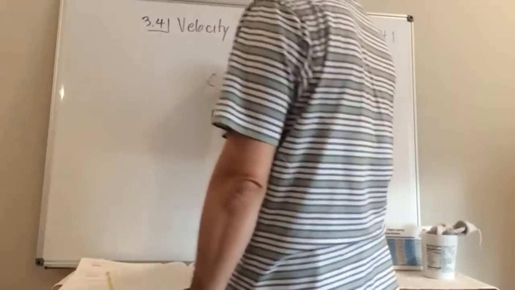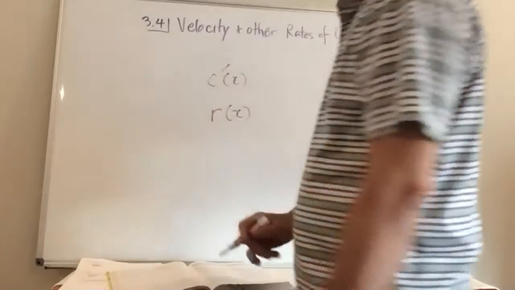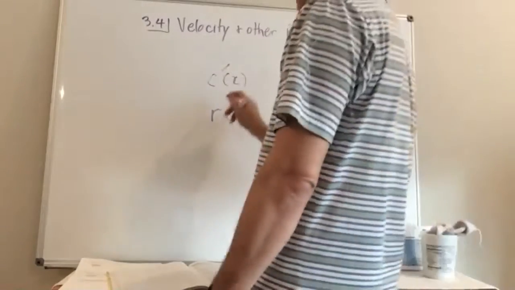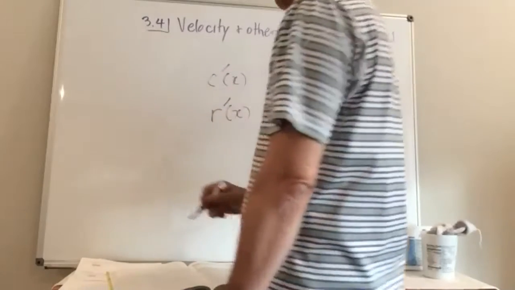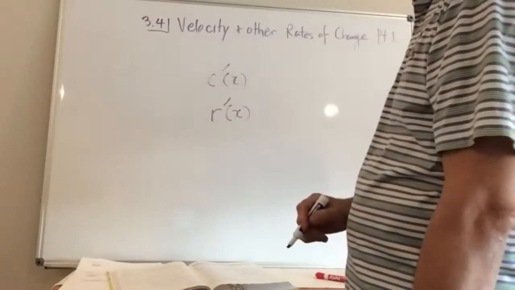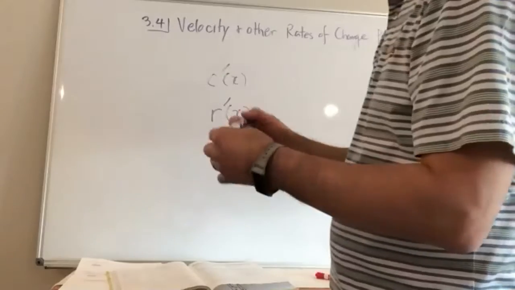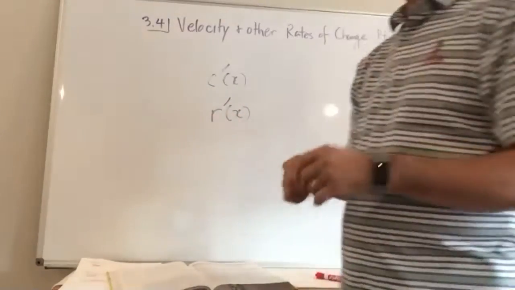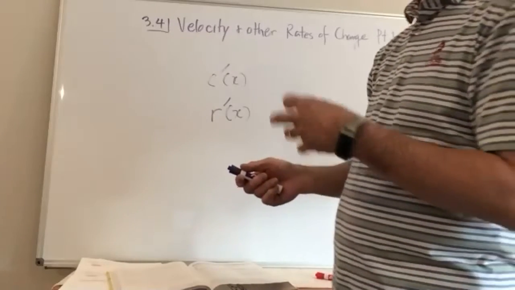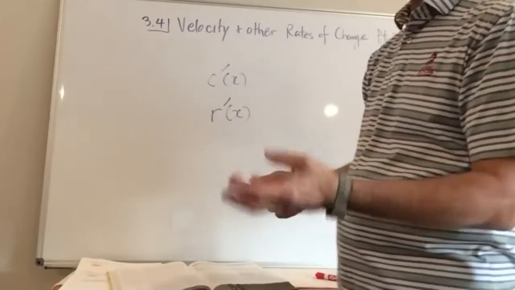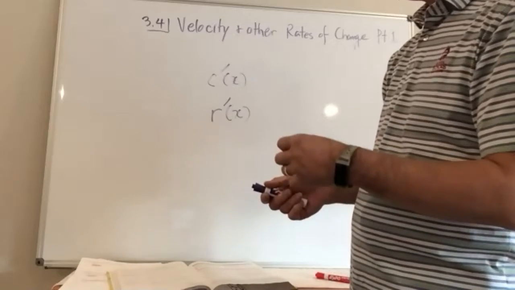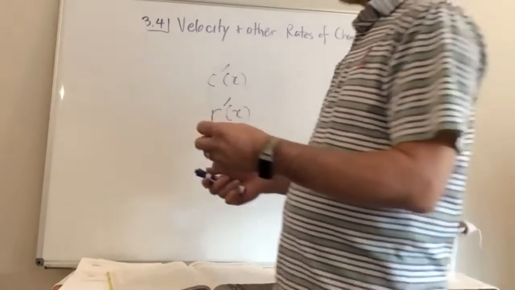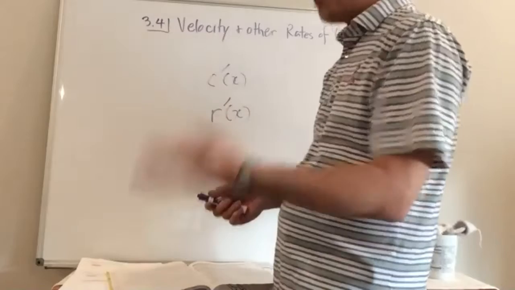So the marginal cost is nothing more than C prime of X, where the marginal revenue would be R prime of X. The definition of marginal cost from economics is the additional money it takes to produce one more.